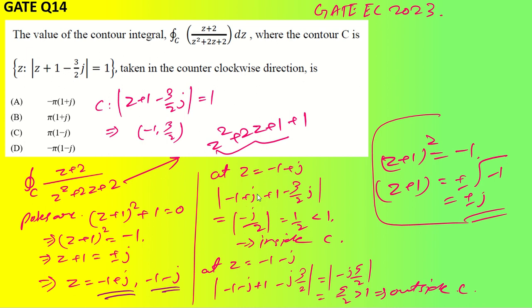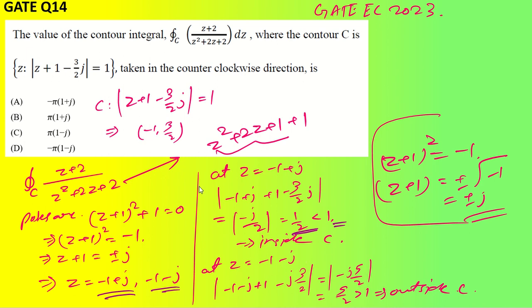The j and minus 3 by 2 j gives minus j by 2, the 1 got cancelled. So this is nothing but 1 by 2. 1 by 2 is less than 1, it means it will be inside. So if this mod is coming lesser than 1, then it will be inside. If it is more than that, then it will be outside.